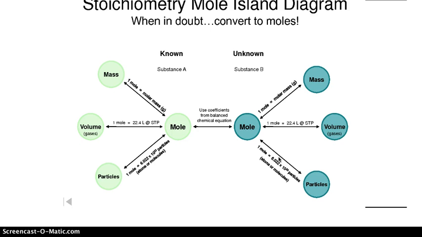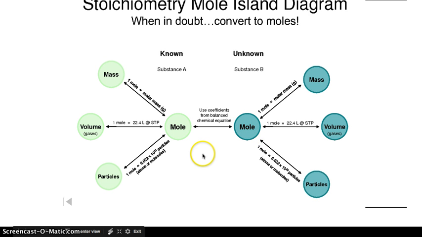Okay, here is our mole island diagram. You will have a handout of this, so don't feel like you need to copy this down, but this is in your notes and I'll give you a bigger copy as well. But what this is showing you, the main part of this diagram is this step here, getting from moles of one substance to moles of another substance.